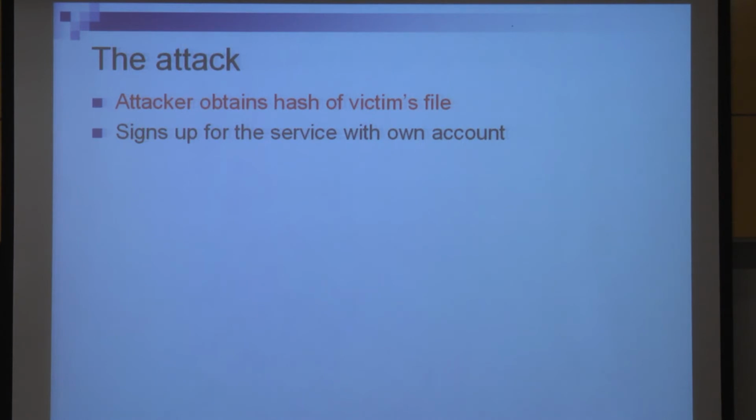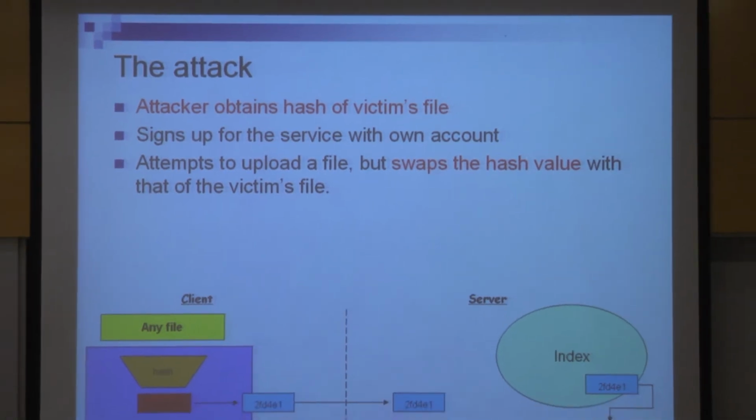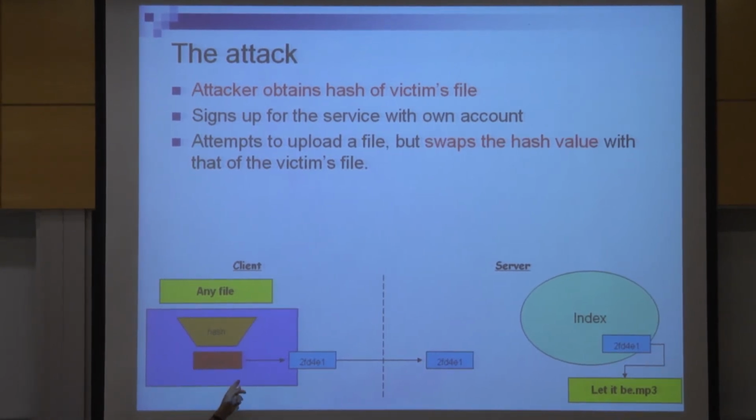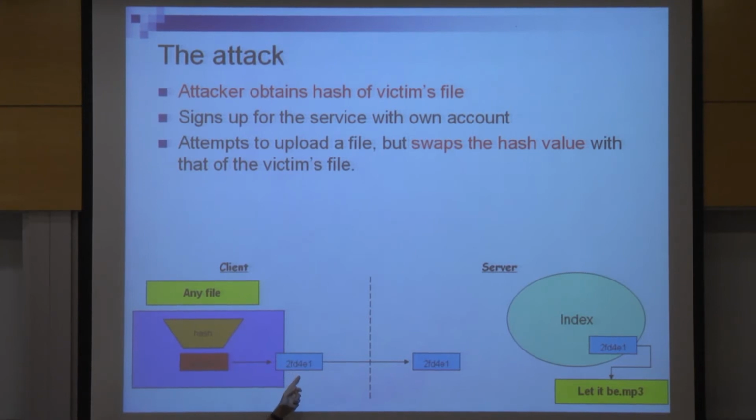Now the attacker is going to sign up to the storage service, the cloud service, and do the following. It's going to upload a file, some file, any file, and rather than sending the hash that it calculated on this file, it swaps it with the hash that it stole away from me. And now it sends the request over to the cloud. The cloud should be familiar with this hash because I gave it. I mean, it was my file. It's up there.